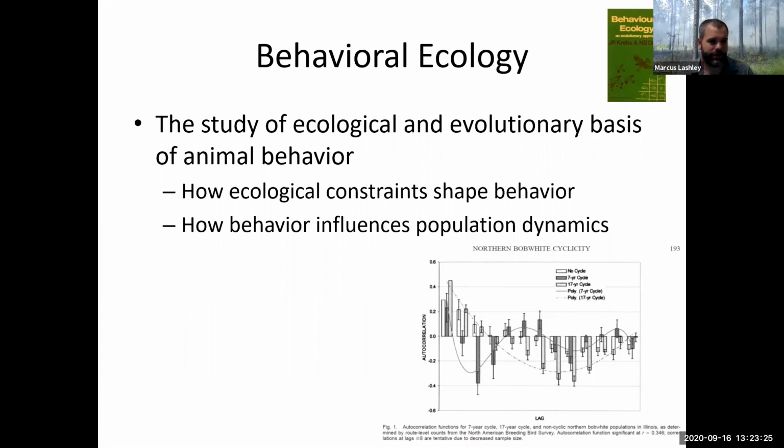And what I'm going to talk about today in this lecture is how behaviors affect decisions that animals make, and ultimately how those decisions or behaviors that they're engaging in can affect populations. So we start with an individual and scale up to population level dynamics.